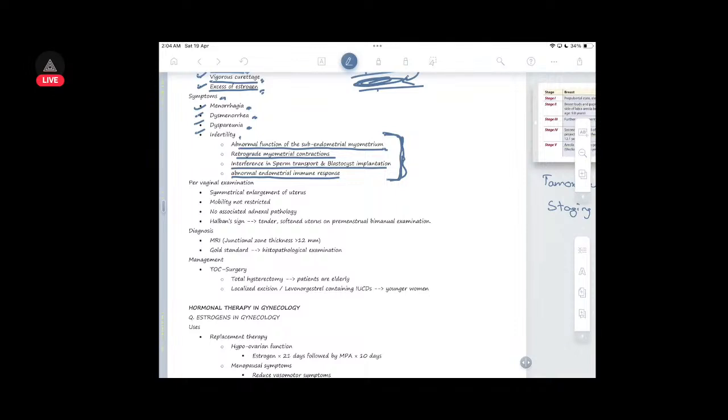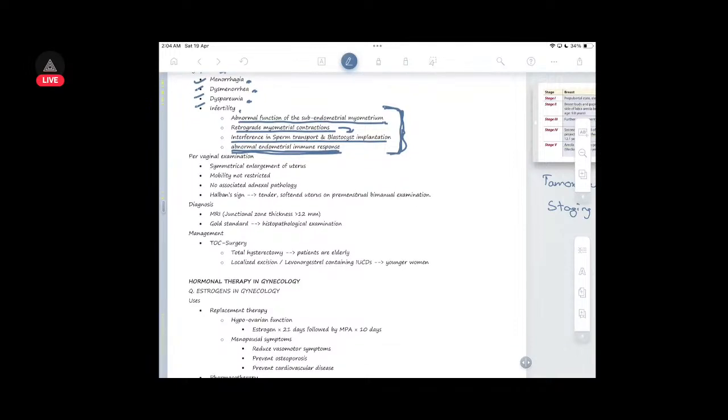Retrograde myometrial contractions, myometrial contraction will be very much impaired. There is interference in sperm transport and blastocyst implantation. Then there is abnormal endometrial immune response.